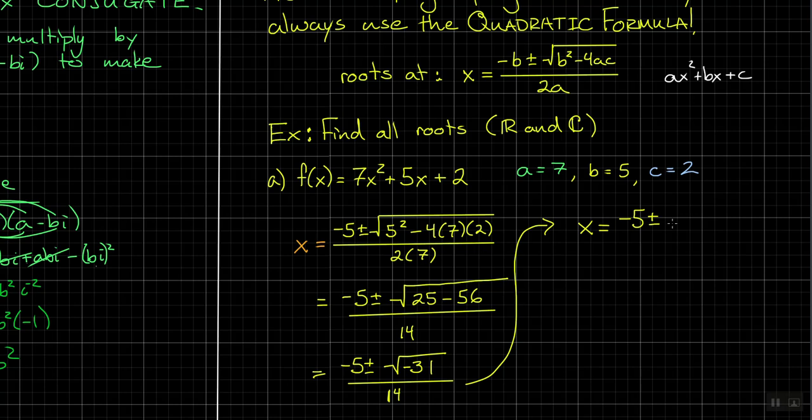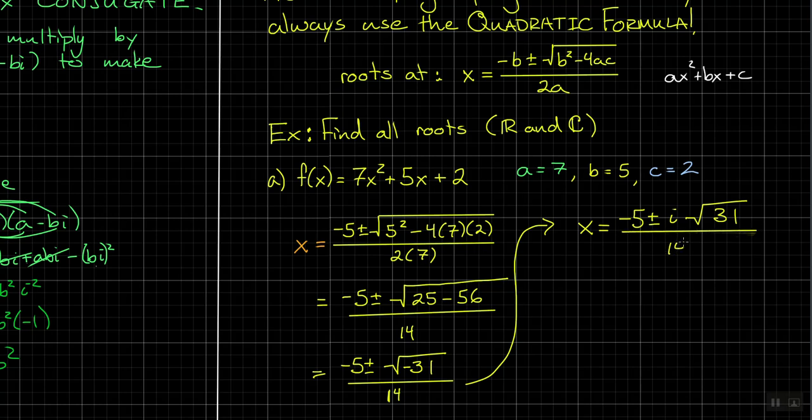You could do -31 and 1, but I like the first answer. Why do I want to focus on the fact that -1 times 31 is what we get? It's i. -5 plus or minus i times the square root of 31, all divided by 14.